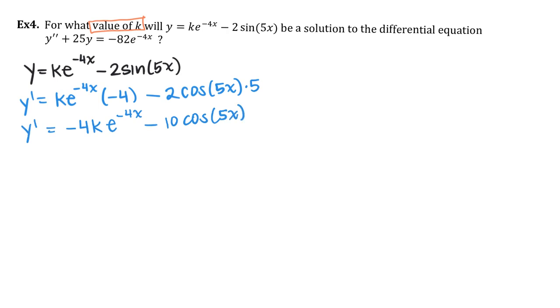Okay, now let's do the second derivative because I see that that is given to me in some format. So let's see, negative 4k. K is just a constant, so don't think of it as a variable, just like 4 times 5, 20. It's just a number. I just don't happen to know what number it is right now. So the derivative is going to be negative 4k e to the negative 4x, and then chain rule, the derivative of negative 4x is negative 4.